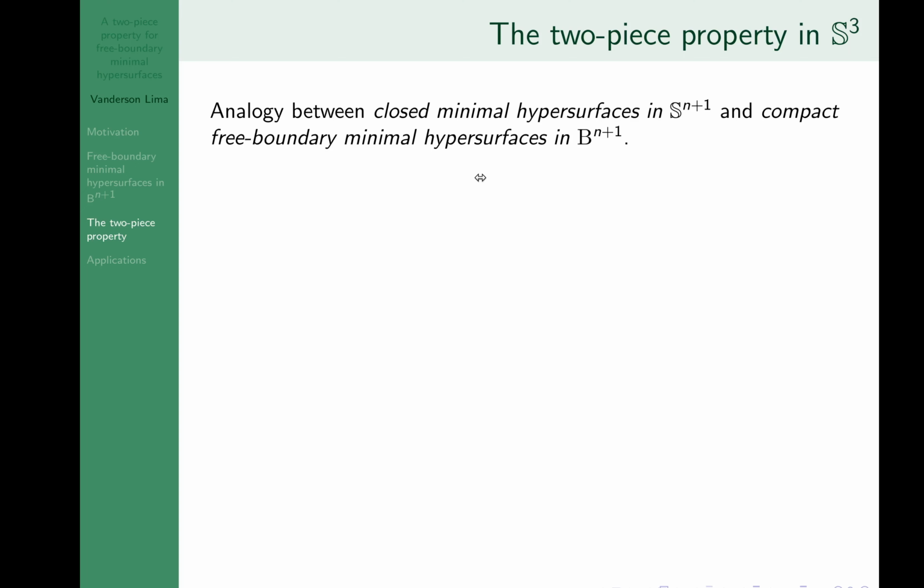This analogy has been guiding researchers on the subject, and there are a lot of results about free boundary minimal hypersurfaces on the ball which can be seen as analogs of results for closed minimal hypersurfaces in the sphere.